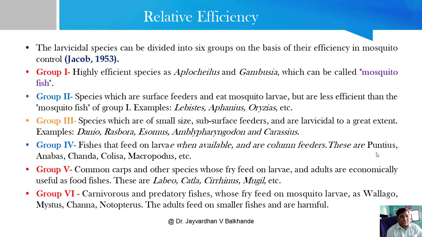Examples are Labeo, Catla, Cirrhinus and the usual species. Now group 6 is the carnivorous and predatory fishes whose fry feed on mosquito larvae, such as Wallago attu, Mystus singala, Channa, and Leptopterus, and the others feed on smaller fishes and are also harmful.